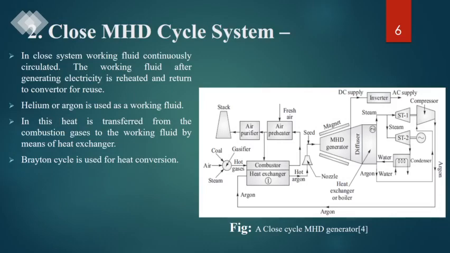That heat comes from the combustion heat exchanger and is provided to the air preheater. Just show this air preheater, where fresh air is consumed and its temperature is raised up to the ionization temperature, and from that ionization temperature it goes to the hot seeded methods.